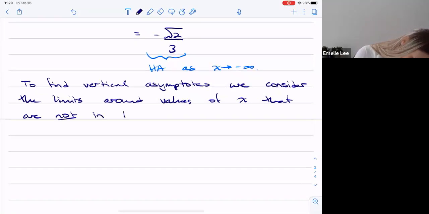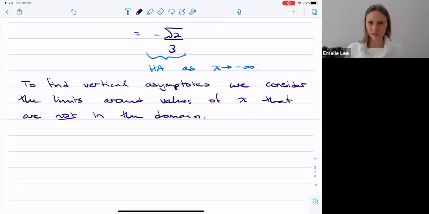Where is this function undefined? There, we're likely to see this kind of vertical asymptote situation, limits going to infinity. So the difference between infinite limits, which is where x goes to infinity, or infinite limits. I don't remember what I said. So then we have vertical asymptotes.